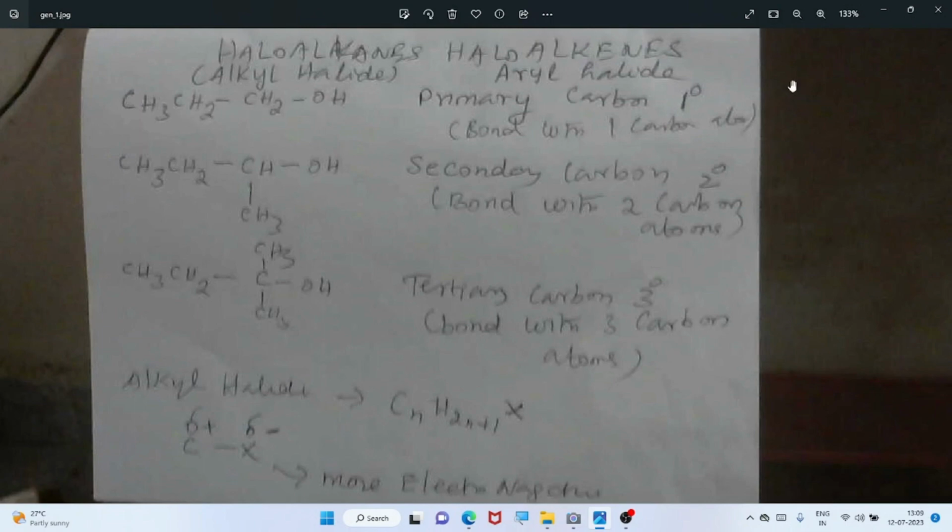This is the primary carbon. Here, this is a secondary carbon, bonded with two carbon atoms. Similarly, a tertiary carbon atom has bonds with three carbon atoms: 1, 2, 3.